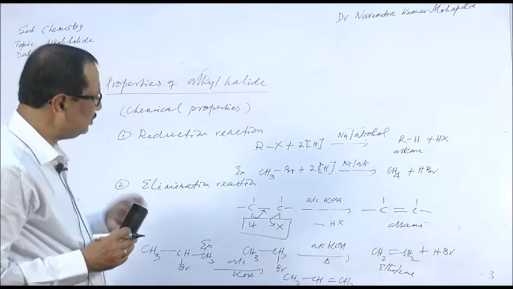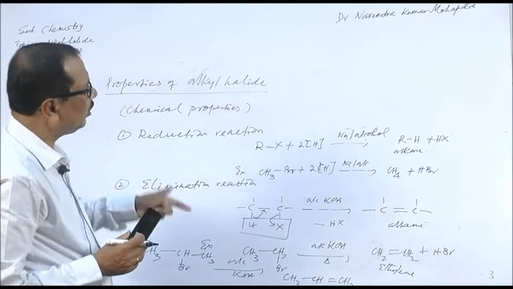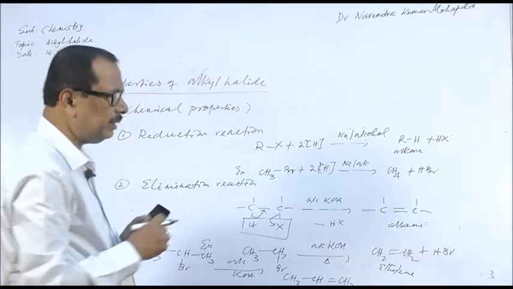But in case of unsymmetrical alkyl halide, the product formed will be as per Saytzeff rule.